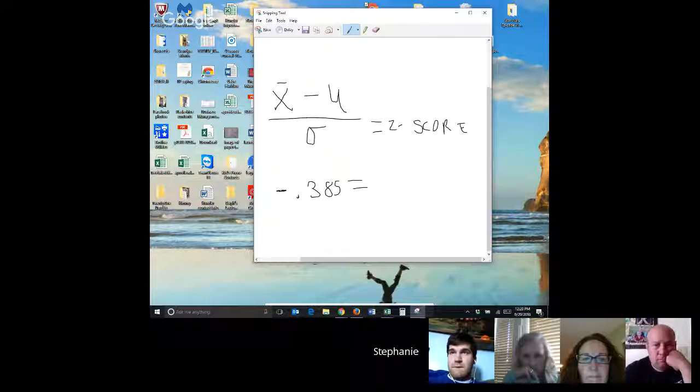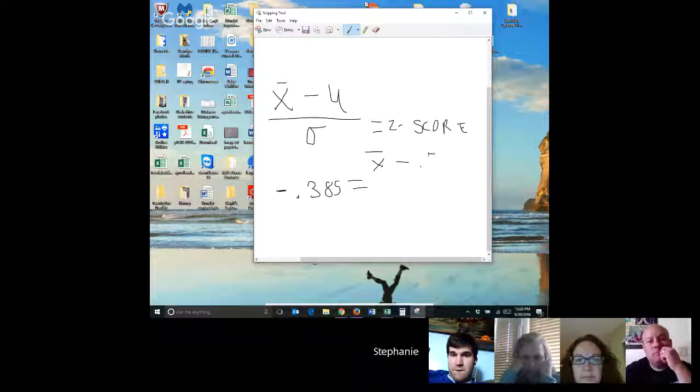Okay, so now we found the z-score, which I'm going to reverse, sorry. The z-score is negative 0.385. Oh yeah, negative, thanks, because that is important. X bar is what we're trying to find, minus mu, which was 0.65, divided by 0.07, which is the standard deviation.